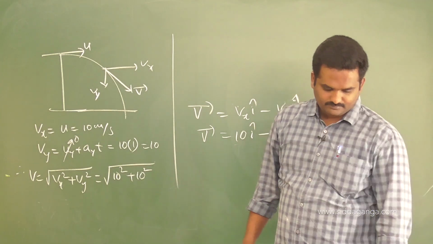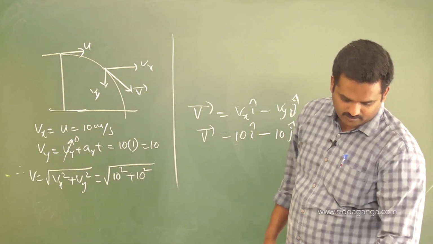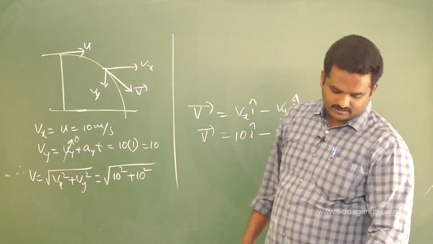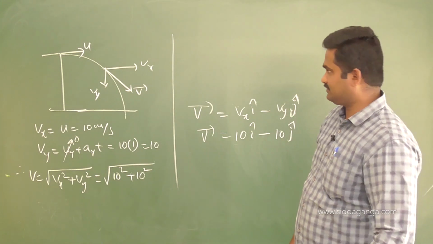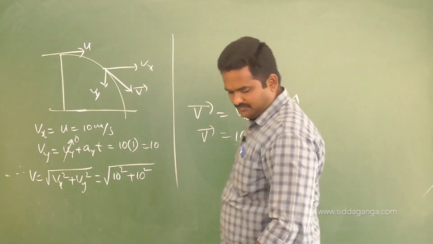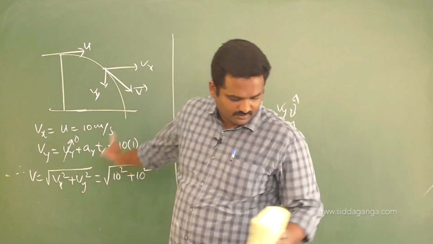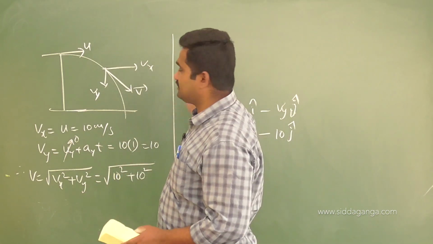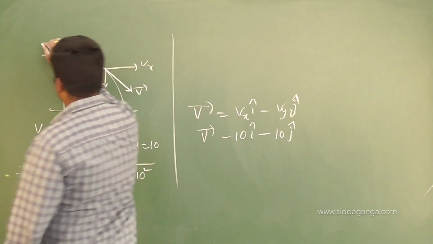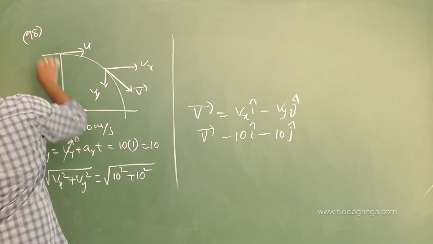Next, in the above problem, the angle made by the velocity vector with the x-axis after half a second is... The previous answer was for 97, and next I will consider 98.